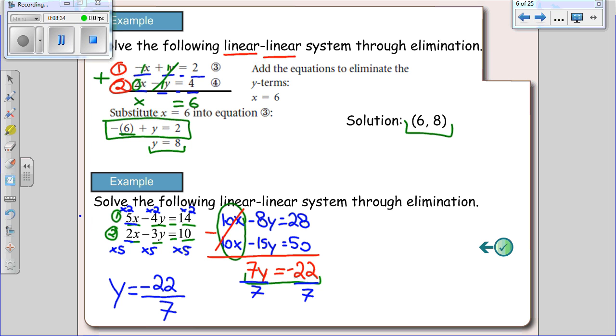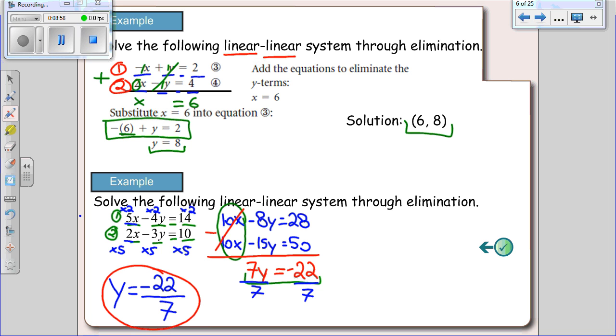And that's fantastic. We figured out what y is, but that's really half the question. Because remember, when we're doing systems of equations, we're trying to find x and y values. So we need to somehow use this y value to find our x value. To do that, we take our y value and we're going to substitute it into one of our equations.